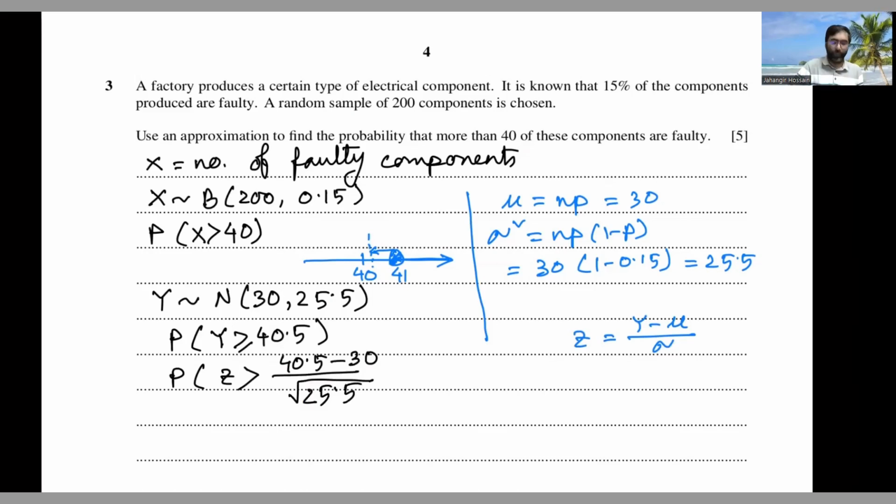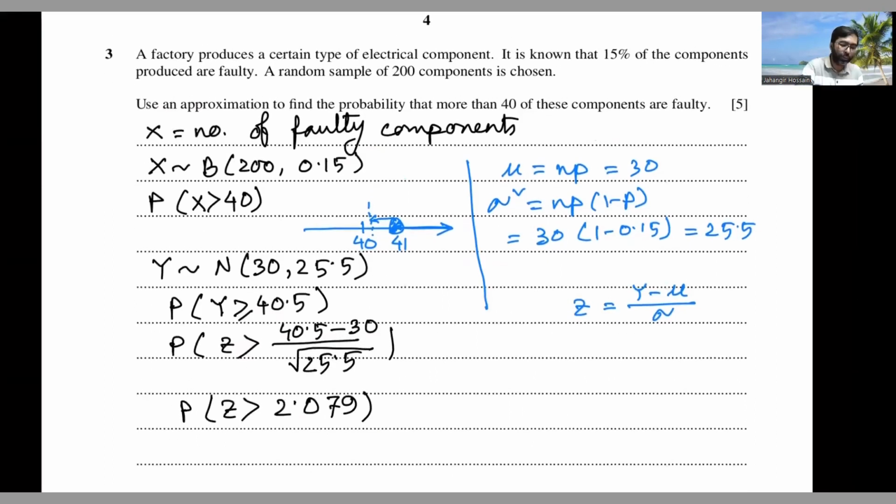So it will be z greater than, keeping the value of z correct to 3 decimal places, 2.079.